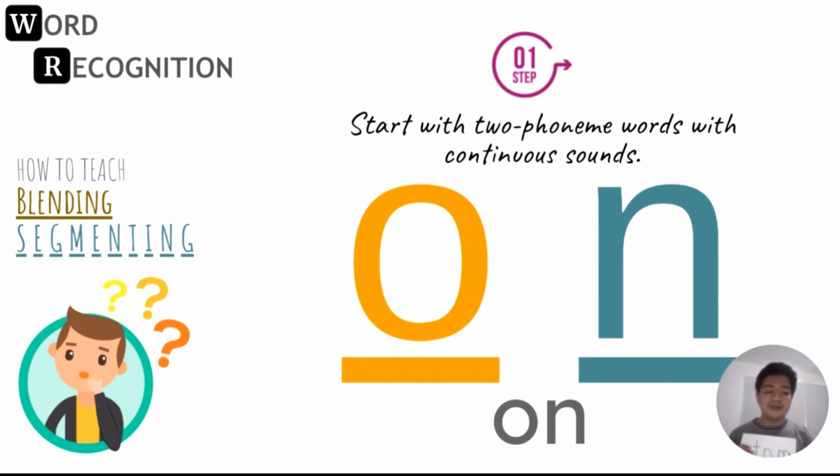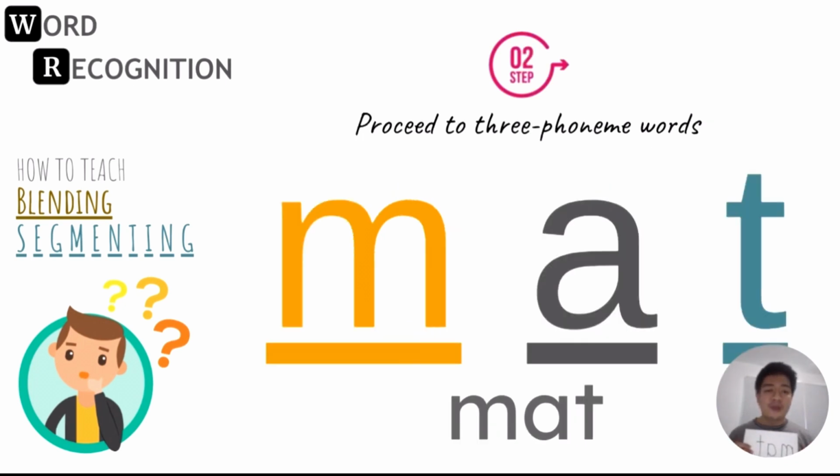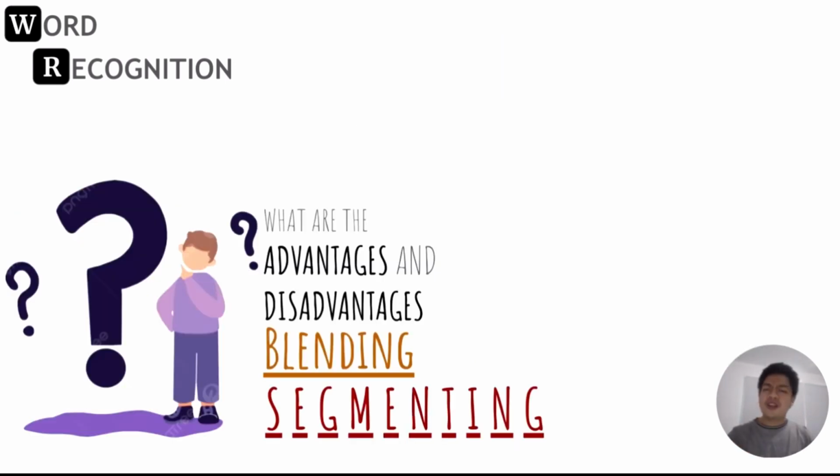Another one. A word with 3 phoneme words or sounds. M, a, t, mat.